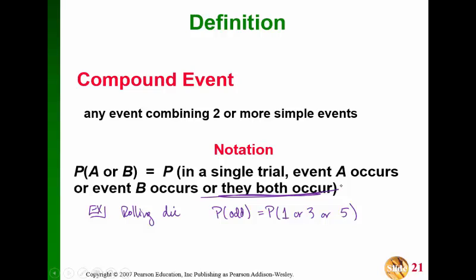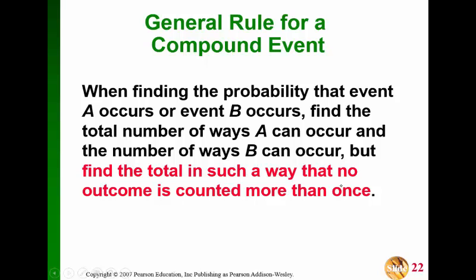Okay? All right, now that wasn't a very exciting example, but let's take a look at some more ideas behind this OR business. The idea behind finding the probability of an OR statement is that when we count the simple events involved here, we're basically going to count the number of simple events divided by the total.